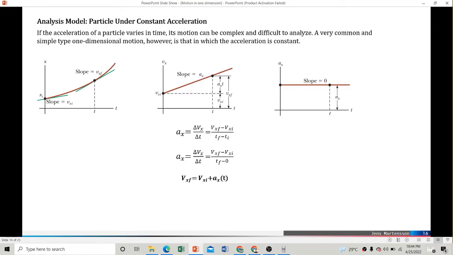so because velocity at constant acceleration varies linearly in time according to the previous equation, sa atong previous equation we have here vxf equals vxi plus ax times t. So we can express the average velocity in any time interval as the arithmetic mean of the initial velocity and the final velocity.